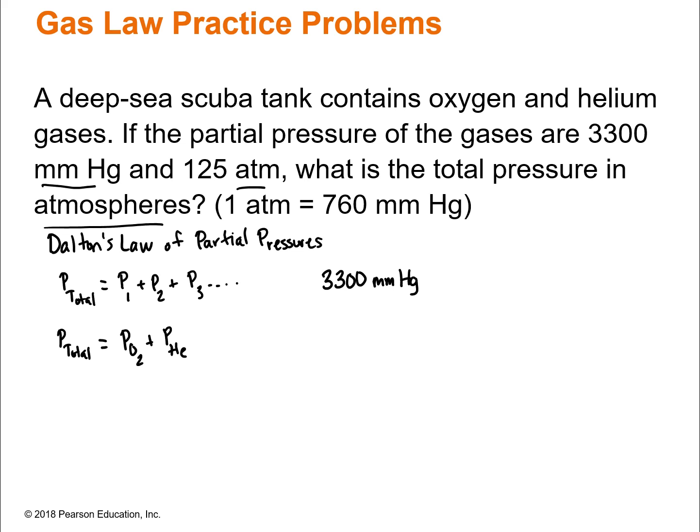So we've got our 3,300 millimeters of mercury. We need to write a unit factor that's going to convert that to atmospheres. What's our unit factor for this?